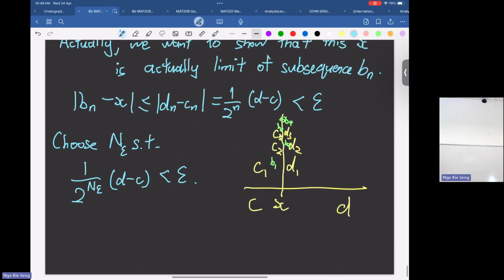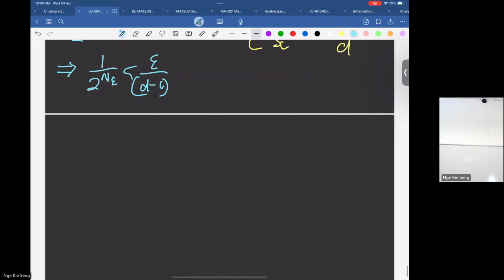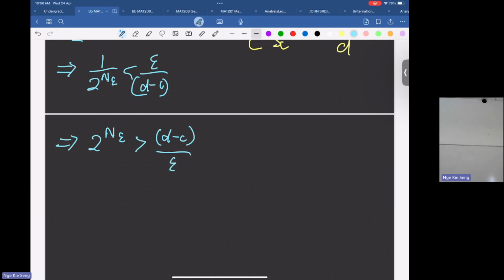Can or not? Can we find this n or not? So this implies what? 2^n is greater than (d minus c) over epsilon, right?